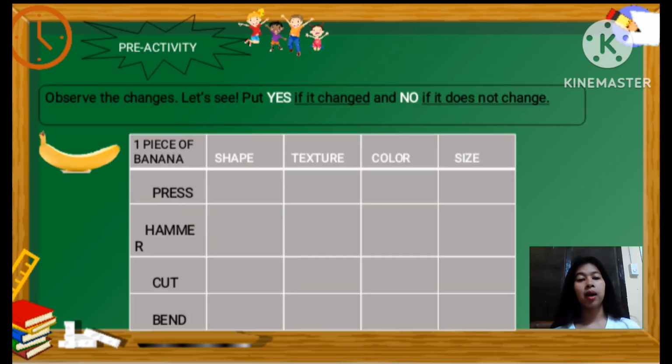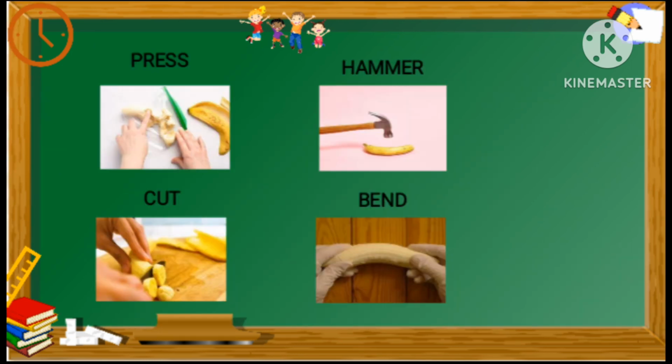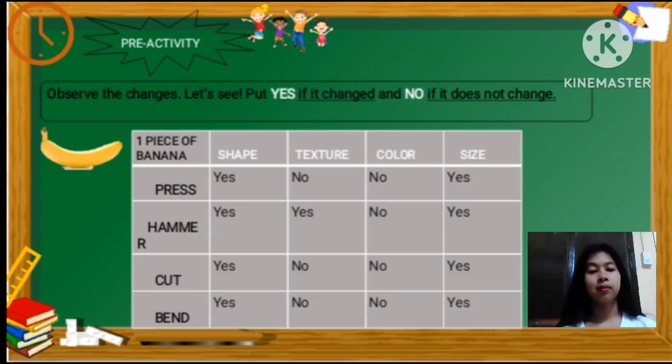Let's have a free activity. Observe the changes. Let's see. Put yes if changed and no if it does not change. We have a piece of banana and we can apply the press, hammer, cut, and bend. Let's flash. In pressing, shape, yes, it changed.